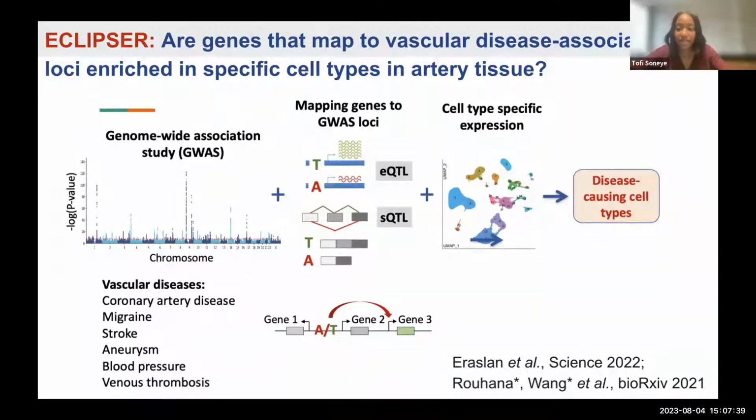The eCLIPSE method basically maps genes from the genome-wide association study loci and determines the cell type specific expression. And through this, we're able to determine the genes that are more significantly enriched and the traits that are more significantly enriched.